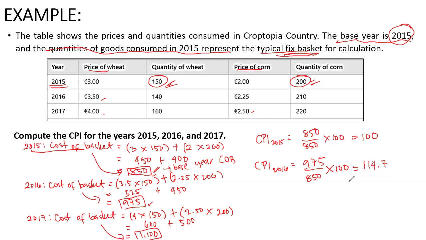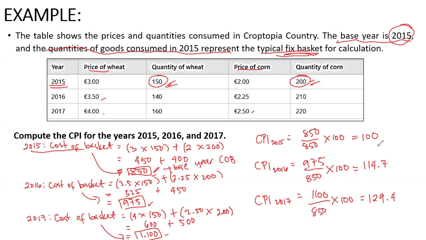That is our CPI in 2016. Now, for the CPI in 2017, you simply divide 1,100 by 850, then times 100. So 1,100 divided by 850 times 100 is 129.4. So this is our CPI in 2017.